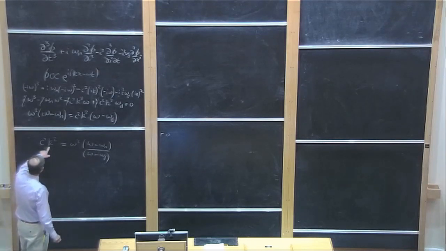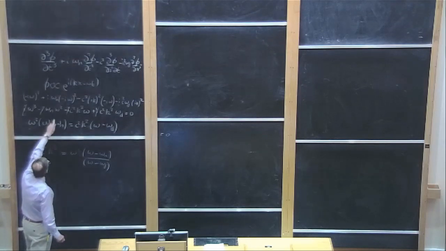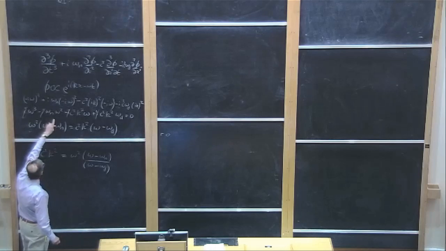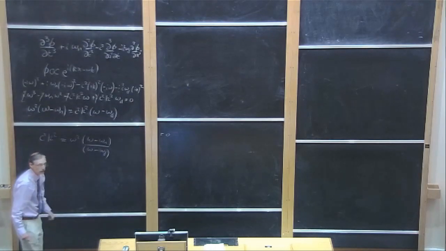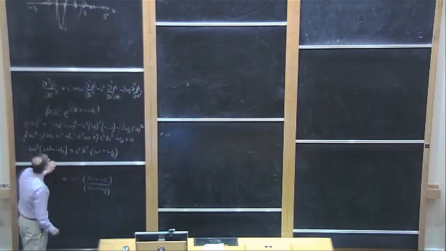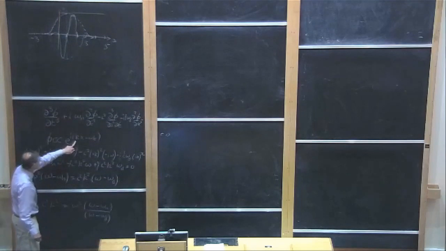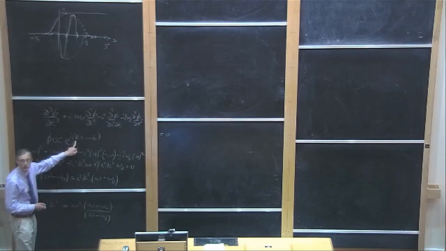And that doesn't prevent this form of solution working. That form of solution will still work. What it prevents is k squared being positive. In fact, if k squared is negative, then k is imaginary. If k is imaginary, then it's either a decaying exponential or a growing exponential. It's not a wave-like solution.